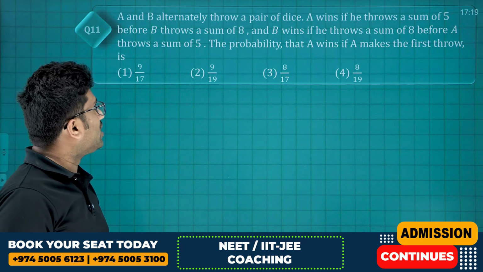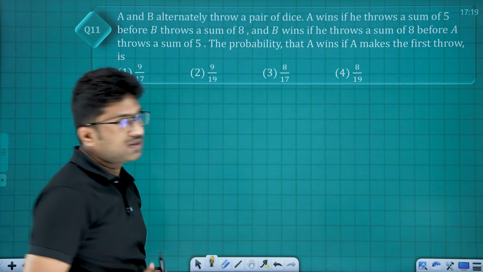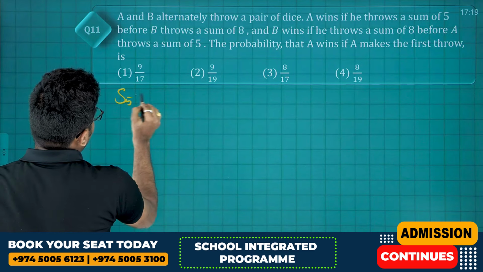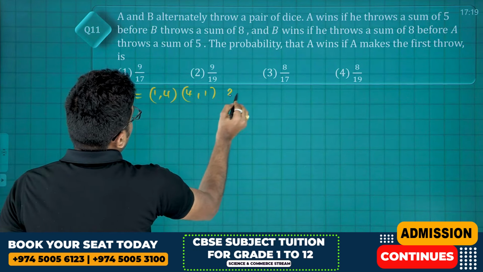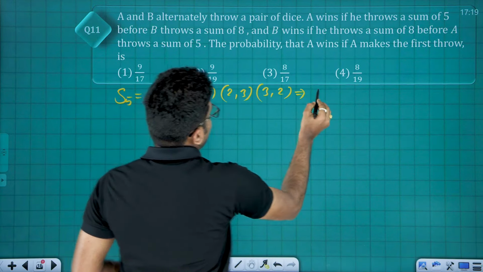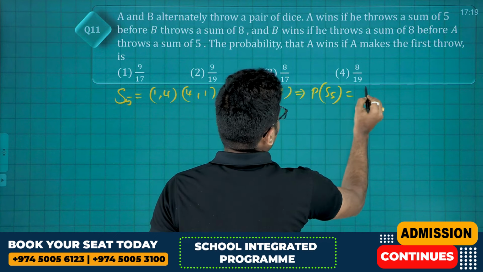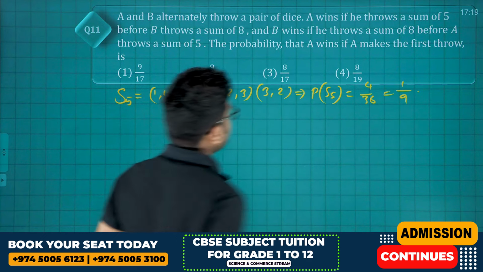A and B alternately throw a pair of dice. A wins if he throws a sum of 5. What are all the cases to get sum 5? Sum 5 means 1 4, 4 1, 2 3, 3 2. That's it. So probability of getting sum 5 is 4 by 36, which is equal to 1 by 9.